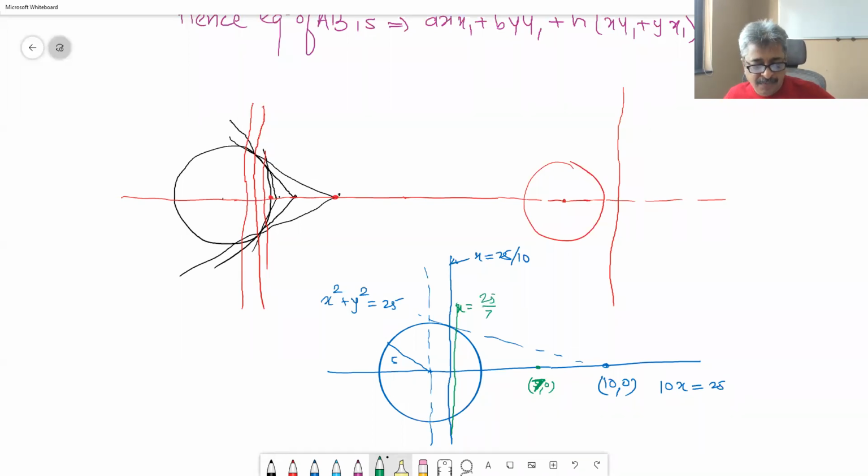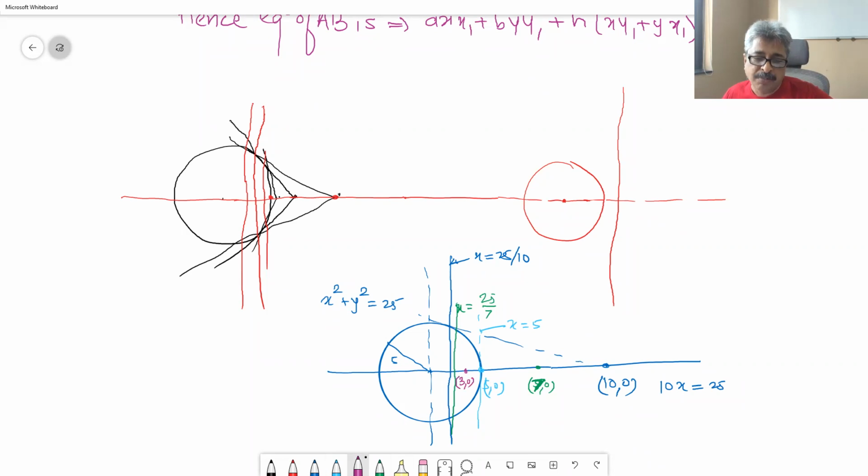And if you go to the point (5, 0) on the circle, the equation of tangent is 5x plus 0y is equal to 25. It is good, it is happening. Suppose you go inside, (3, 0).